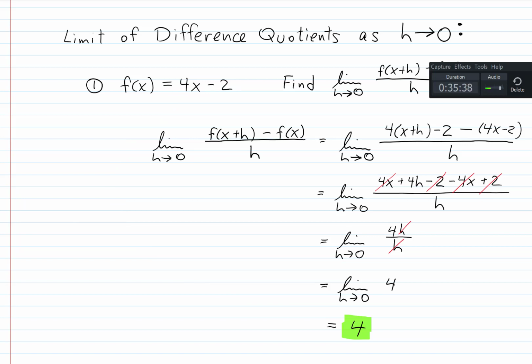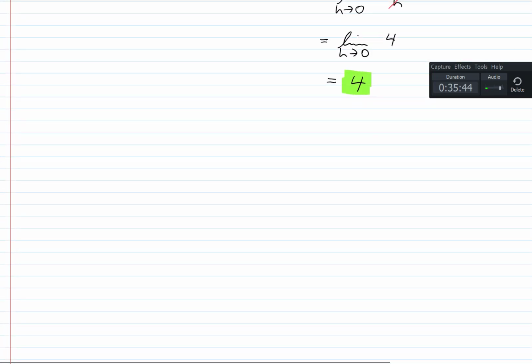Okay? Let's do one that's a little harder. This time we'll do x squared plus x. The limit of the difference quotient as h approaches 0. And this time I want to use the function x squared plus x.